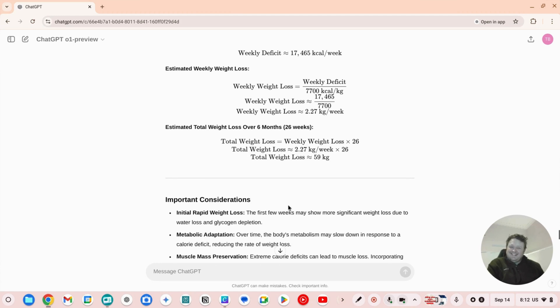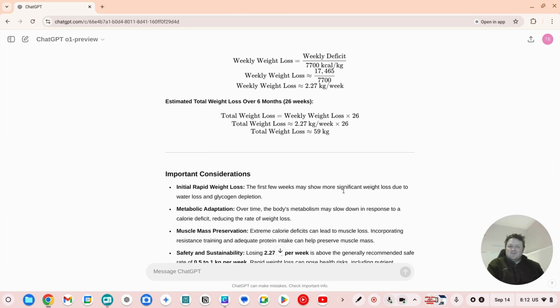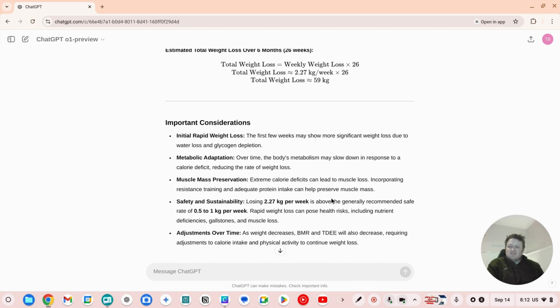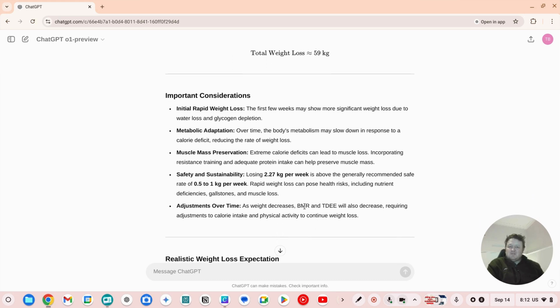The first few weeks may show significant weight loss due to water loss and glycogen depletion. Over time, the body's metabolism may slow down in response. Muscle mass preservation: extreme calorie diets can lead to muscle loss. Incorporating resistance training and adequate protein intake can help preserve it. Losing 1 to 2 pounds a week is generally recommended. Safe is about 1 kilo per week.